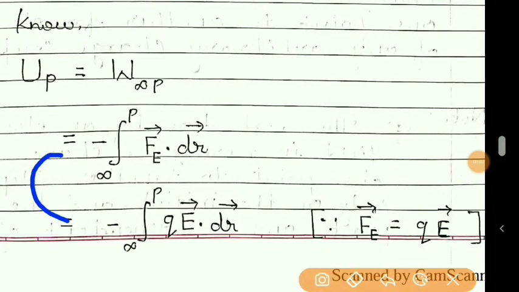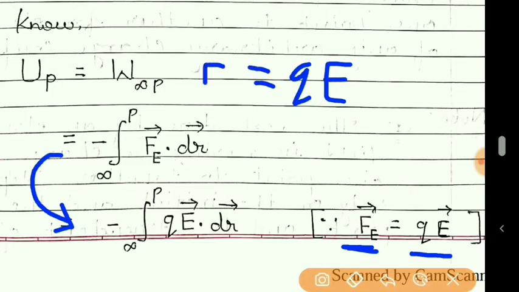Next step, simply we have kept the formula of force. We know that electric force F is nothing but it is q into E. We have studied this in chapter number 1, that if we put a charged particle in an electric field, then force will act on this charged particle. So we have simply kept this q into E in place of this Fe.